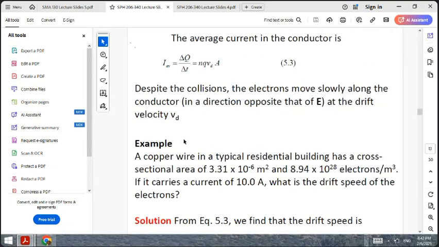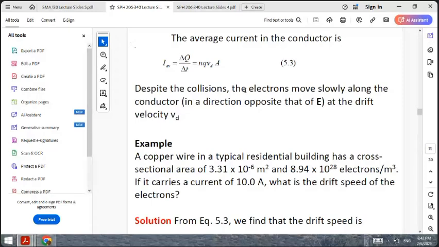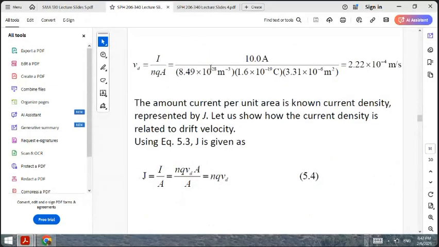It will tell us that in a unit area, there are so many students. So in a unit area of a conductor, we can determine what we call current density. We take the current flowing and divide by the cross-section area of the semiconductor.